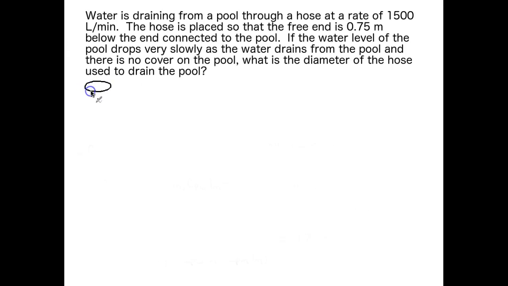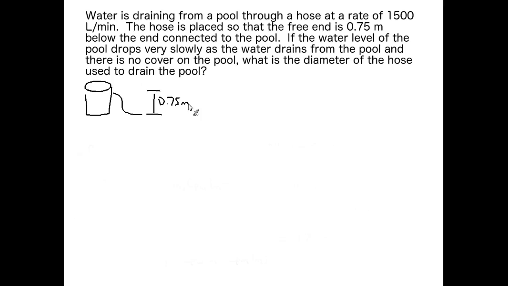So here's our pool. Just draw a little cylinder. There's the hose coming out of the pool. The height difference between the start and end of the hose, we know that it's 0.75 meters. All right, now we need to set points 1 and 2. We are given information about the water level in the pool.